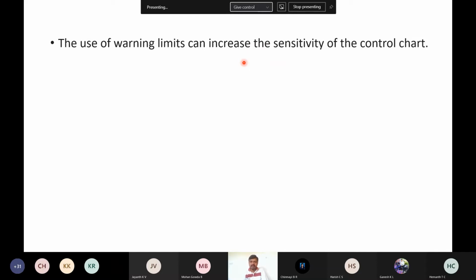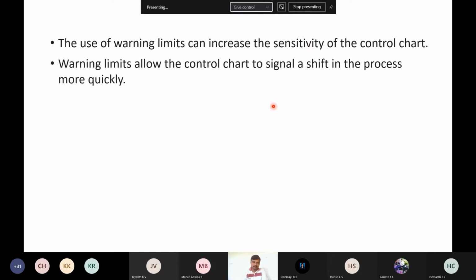Warning limits allow the control chart to signal a shift in the process more quickly. Since you are finding it before the points go out, you are taking precautions early, so you are able to prevent something which may occur in future.